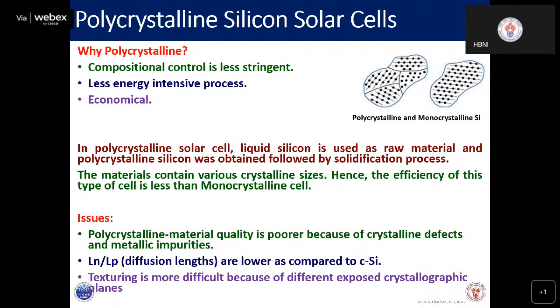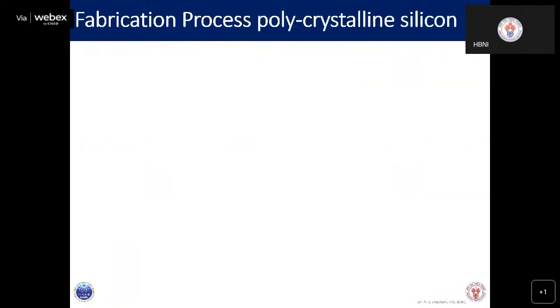Now, when it is a polycrystalline mass, you do not know the exact plane because it is not a single plane. So the texturing is difficult, and you can use other methods of texturing, not acid etching, like sandblasting.